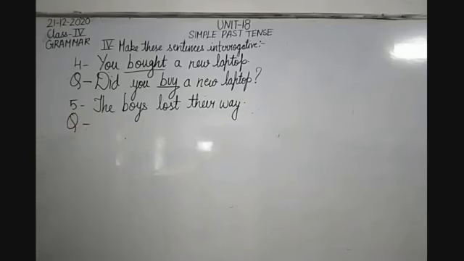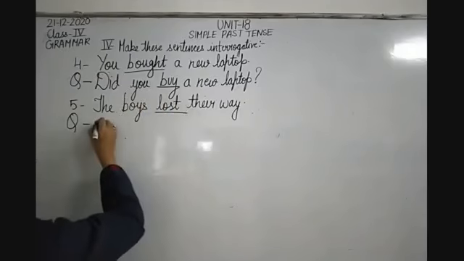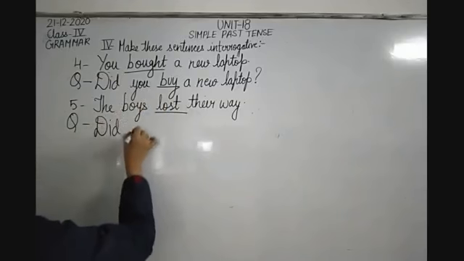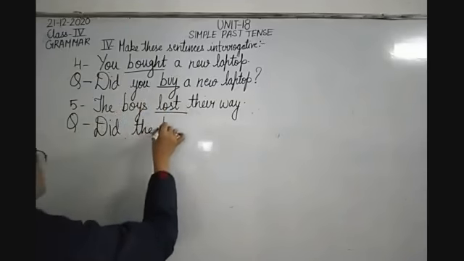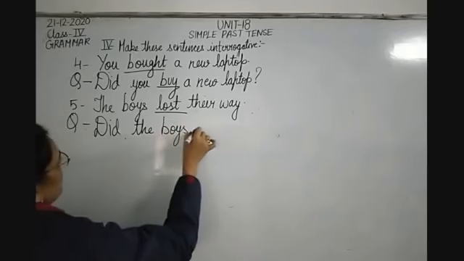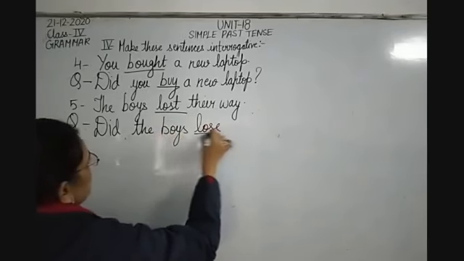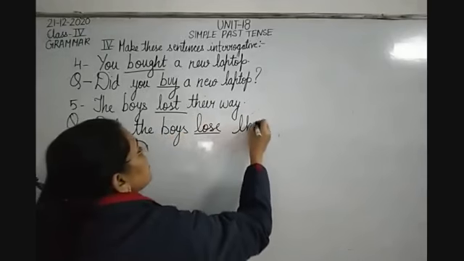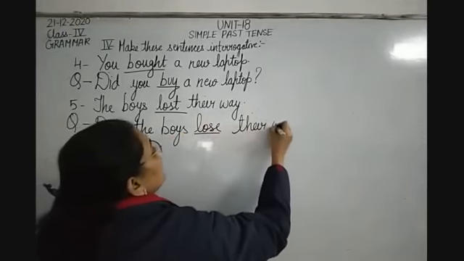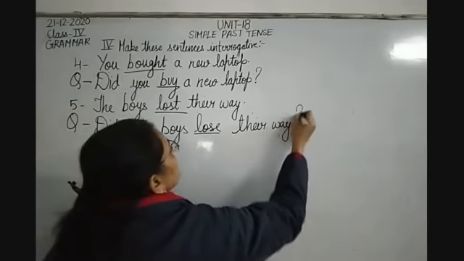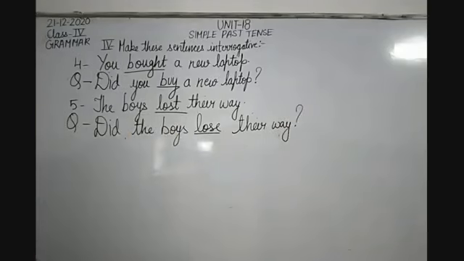First of all, we have to underline the verb. What is the verb? Lost. Now our question will be, did the boys lose their way? At the end question mark.